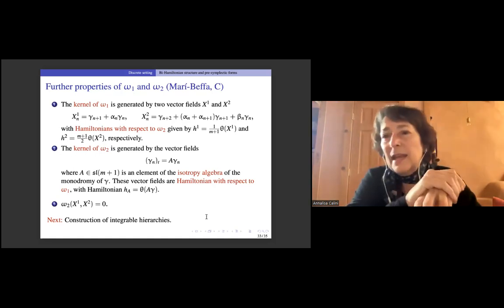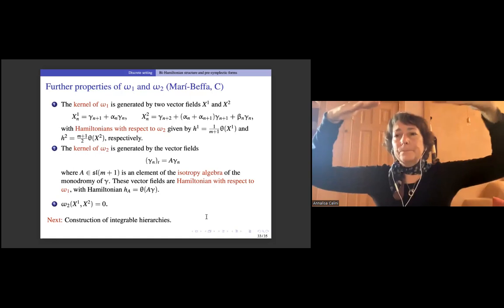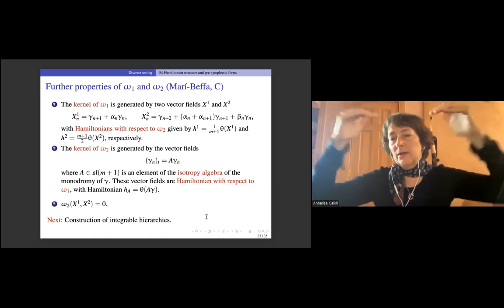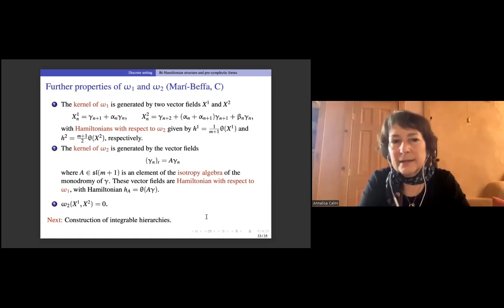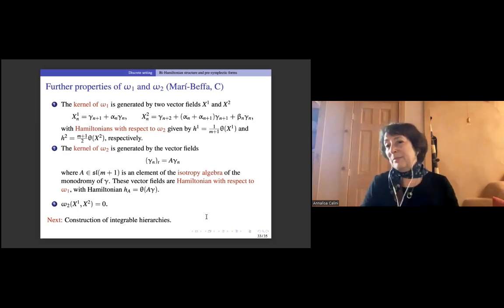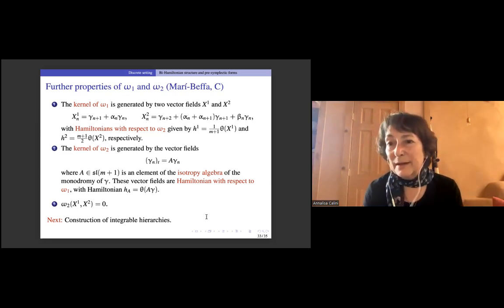It's very much akin to the seed of the integrable hierarchy for Boussinesq-like systems. We can construct the Hamiltonian in terms of that one form. They're also very simple. The kernel of omega 2 is generated by simply the isotropy algebra of the monodromy. So they're really the symmetries of the monodromy. And in that sense, omega 2 can be reduced to become a true symplectic structure.